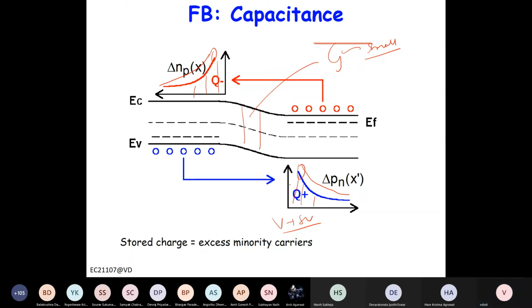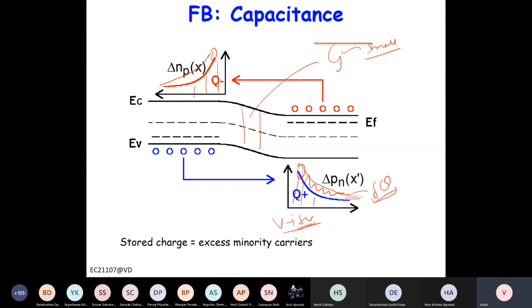So for delta V, this will be the change in carriers. This is the extra, so this will be your delta Q for delta V. Due to this extra voltage delta V, this is the extra charge between these two curves. So this peak will change, delta N exponential qV by kT, and of course it will go to 0 at infinity.